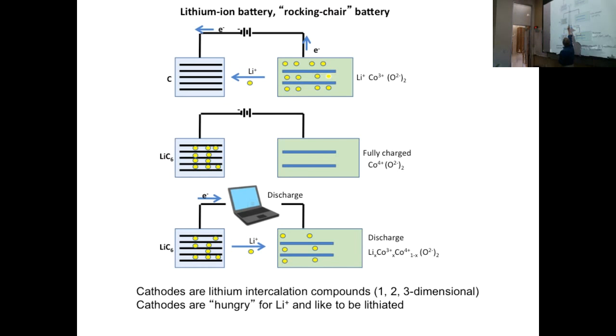Graphite is a sheet-like compound, so the lithium ions insert themselves into the sheets, and they more or less form a stoichiometric compound, LiC6. As the lithium is pushed out, the cobalt is oxidized from cobalt 3+ up to cobalt 4+.